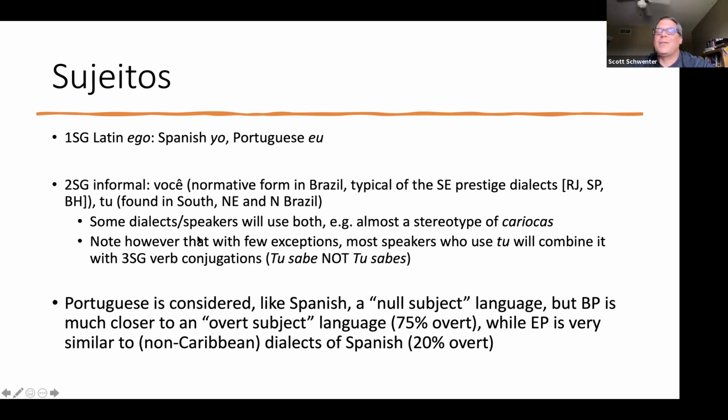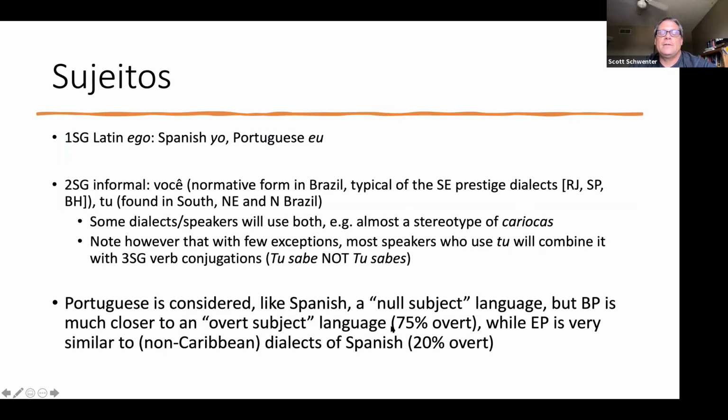European Portuguese is completely different. It's very much similar to dialects of Spanish, for example, like Spanish from Spain. They only use about 20% overt pronouns in European Portuguese.